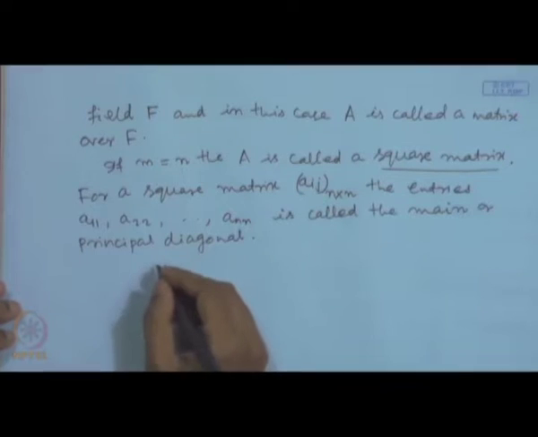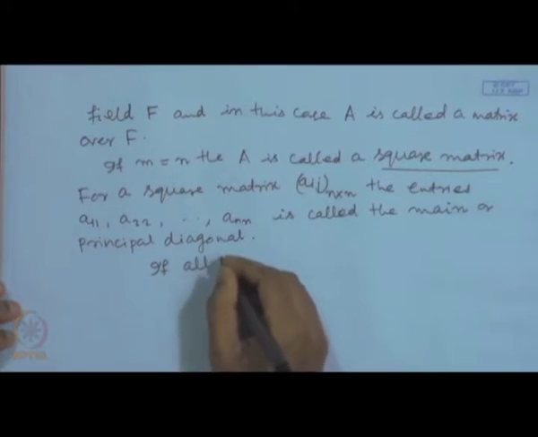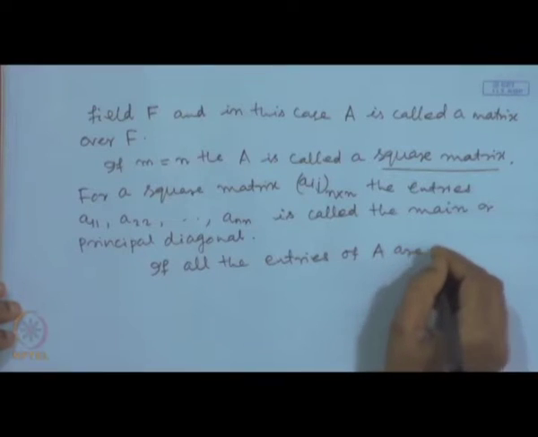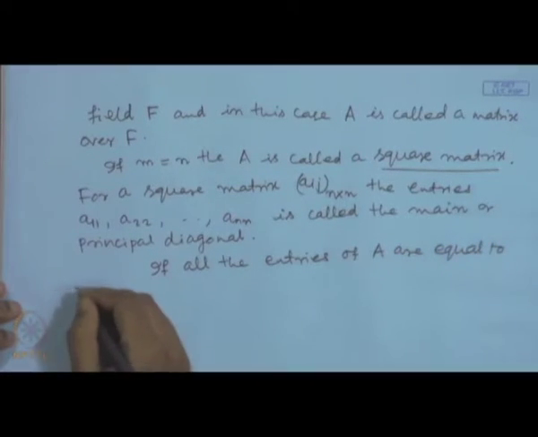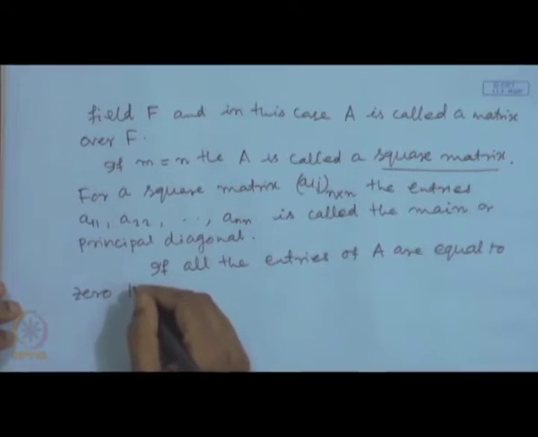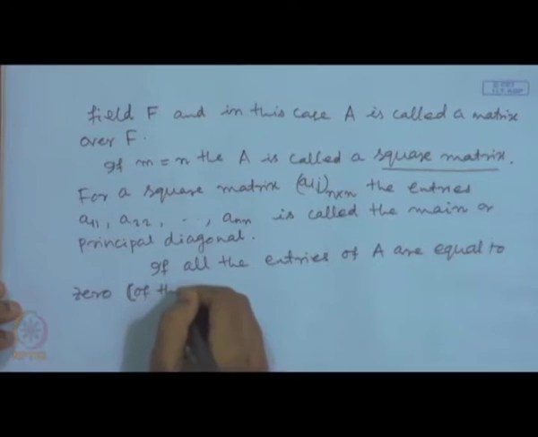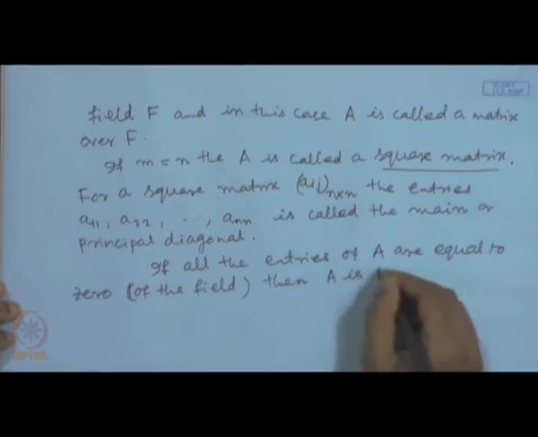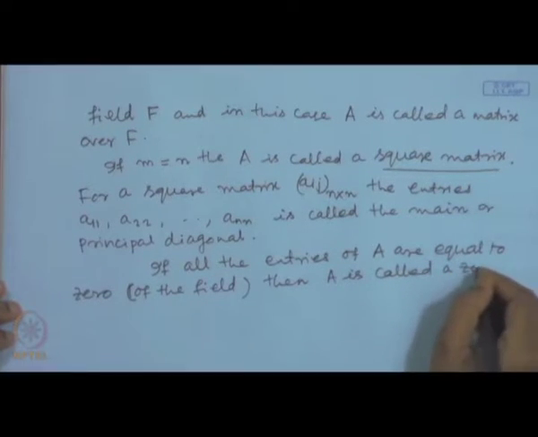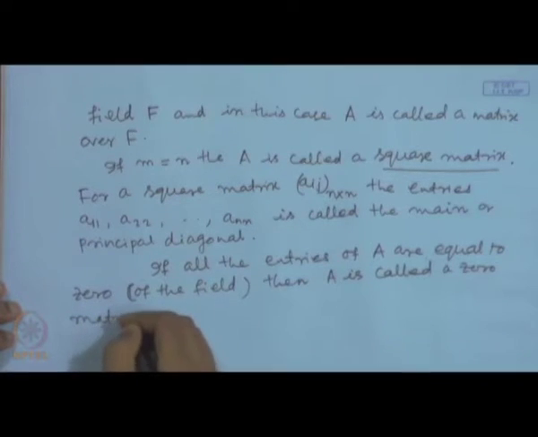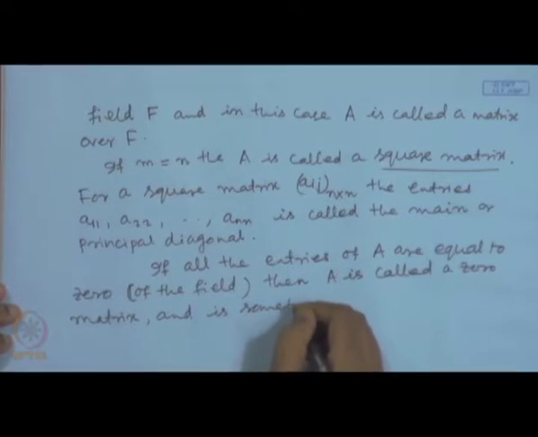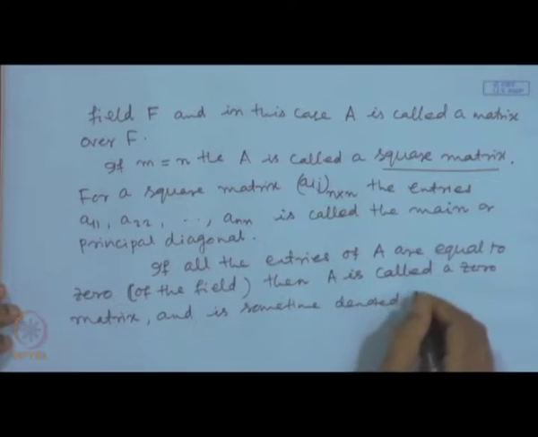Again, if all the entries of A are equal to 0, this 0 being the 0 of the field, of course, then A is called a 0 matrix, and is sometimes denoted by 0.